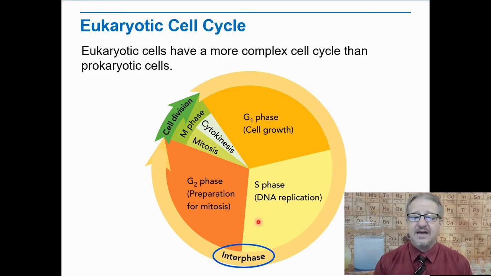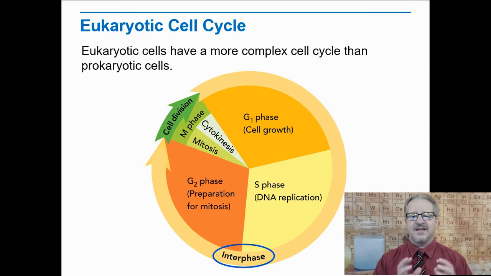The G2 phase is where the cell now begins to prepare for mitosis. And we're going to dig in a little deeper as we go through this chapter as to what exactly has to happen for the cell to prepare for mitosis. We're not going to get into that at this particular moment, though. All right, so those are the 3 phases of interphase.